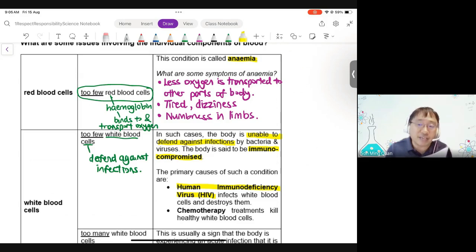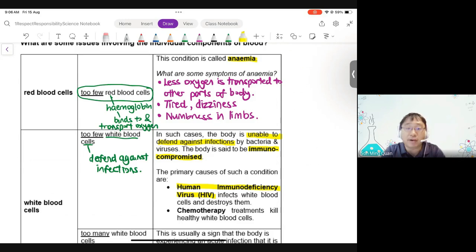Now, HIV is a virus that infects white blood cells and destroys them. So patients who have HIV infection, the white blood cells are no longer existent because they have been destroyed by the virus. So you can imagine HIV kills the patient because the patient has no more white blood cells left to fight against the infections.